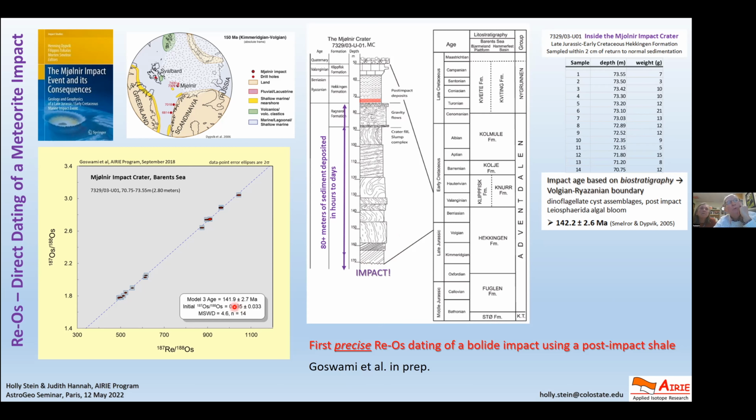You're back to normal seawater conditions. And if you just go to a sedimentary section and say you have an age here and you have an age here, and say, well, these ages must be in between, just divide it in equal increments, that's just garbage, because this is the extreme example of how you could put down 100 meters of section in a moment in geologic time. So this is the first precise rhenium osmium dating of a bolide impact.